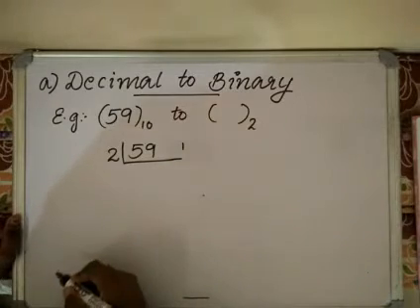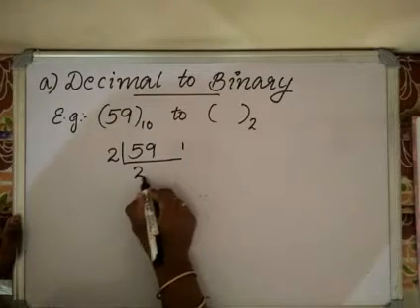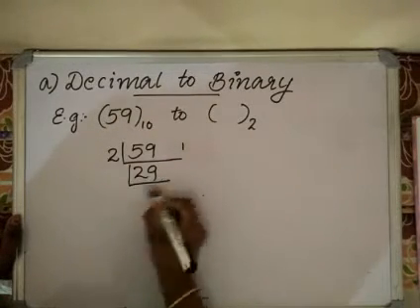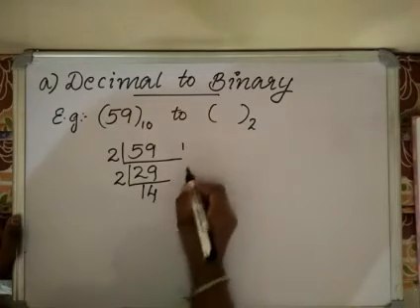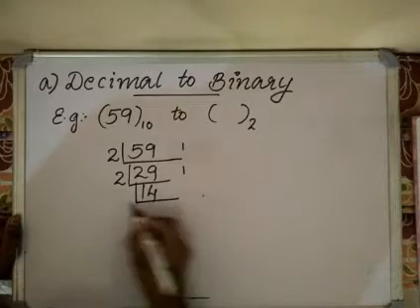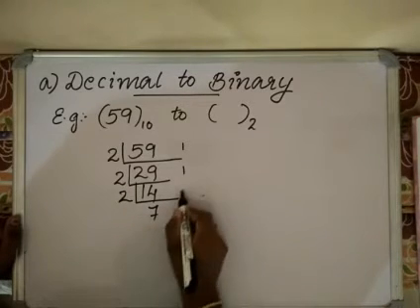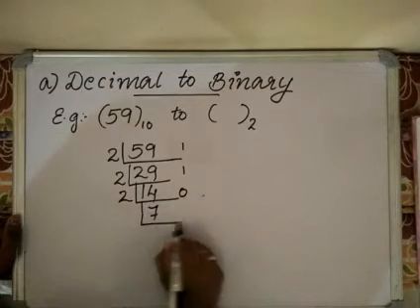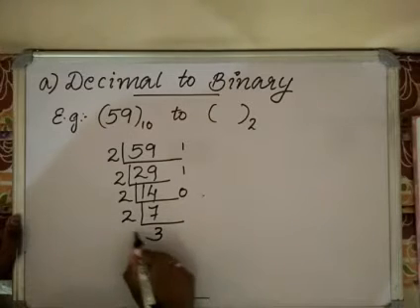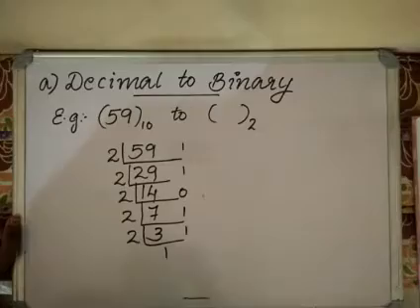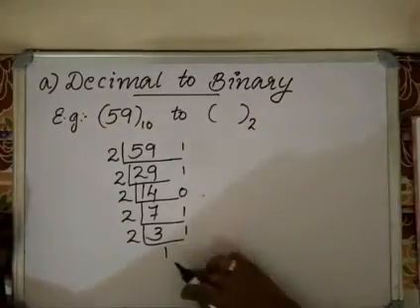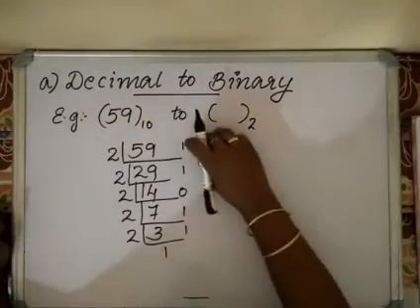So we get 1 as a remainder, then 29. Again division by 2, then 14, the remainder is 1. 2, 7, the remainder is 0. 2, 3, 2 3s are 6, remainder 1. 2, 1, 1. So these are the remainders we get.